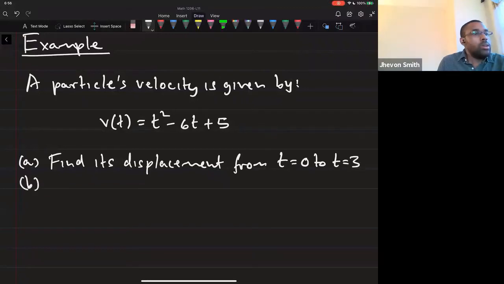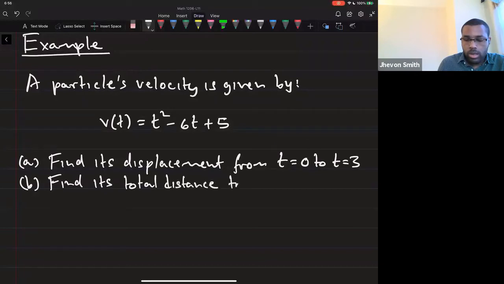B, find its total distance traveled from t equals 0 to t equals 3.